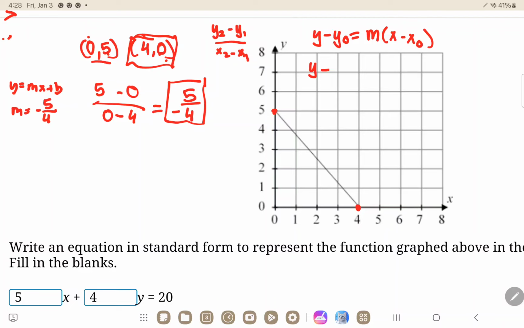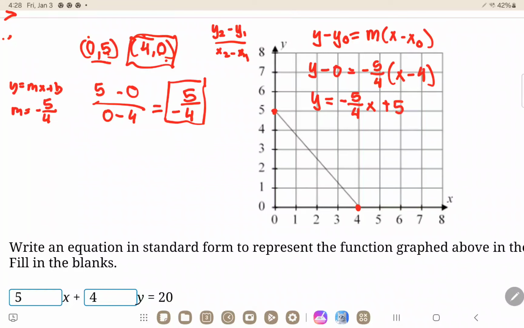You can use the other one, but I prefer you use this one. So y minus 0 equals m, which is our slope, negative 5 over 4, into x minus x0, which is 4. So y equals negative 5 over 4 times x minus 4. So you multiply it by negative 4, you get positive 5.